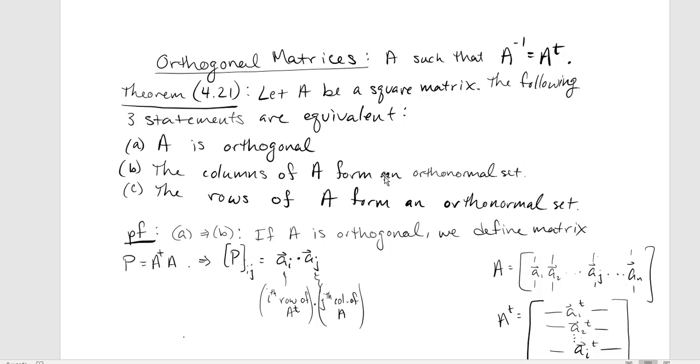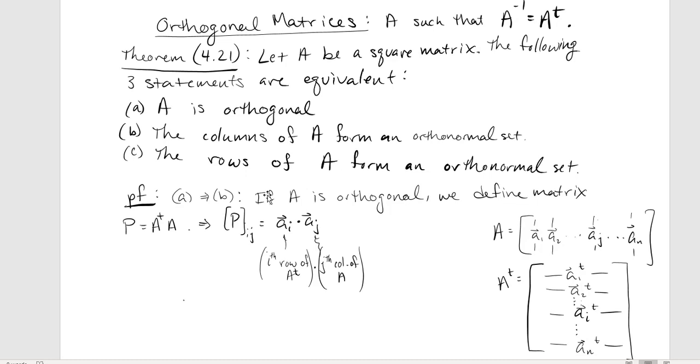So I want to show just a sketch of the proof here for how this works. I first just want to show that A implies B, that if it's orthogonal, then the columns form an orthonormal set.